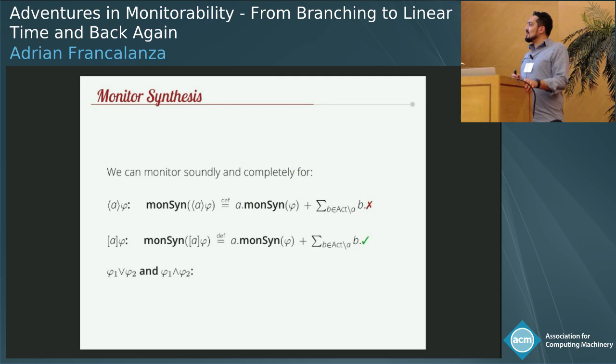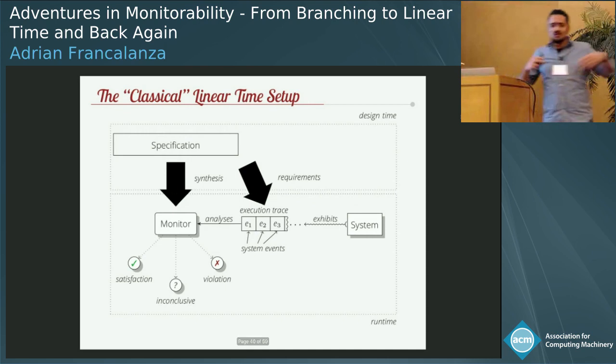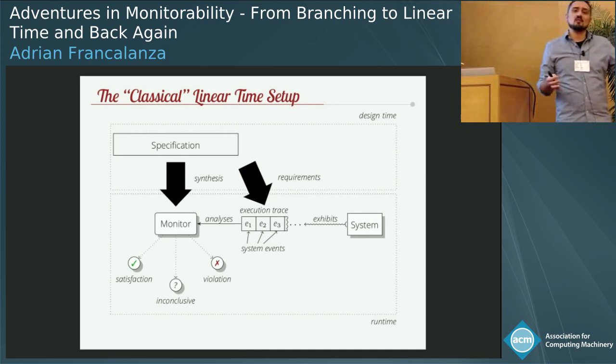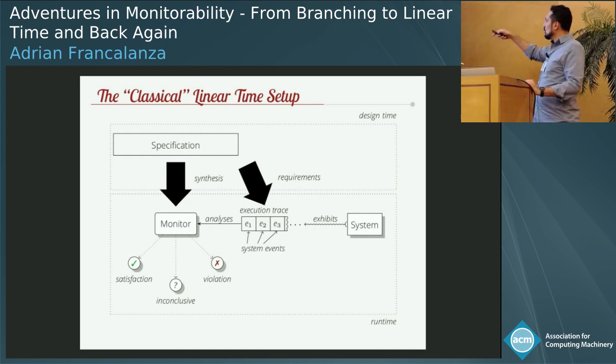For conjunction and disjunction, we can provide a synthesis, but it turns out that there are some complications. Let me give you an overview. All the details are in the paper. The idea is that we want to give a synthesis that is as compositional as possible. So what we did was give a synthesis in a language that's not the language we used originally for the original work.